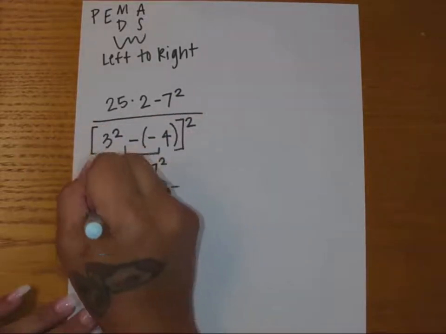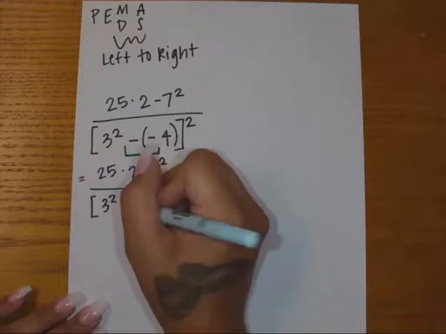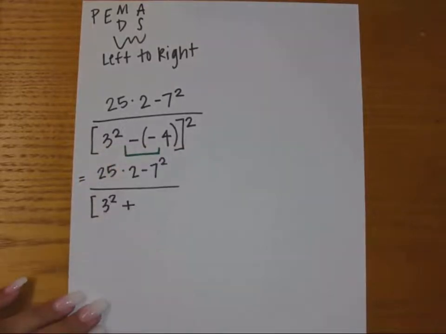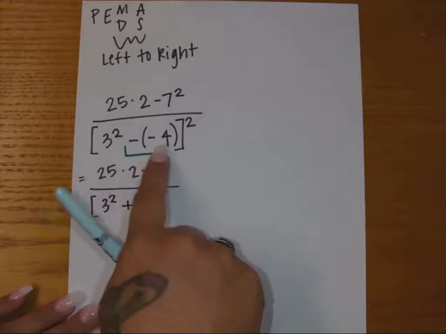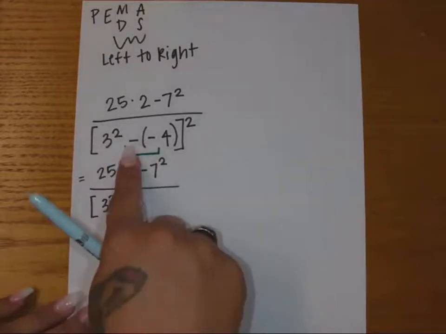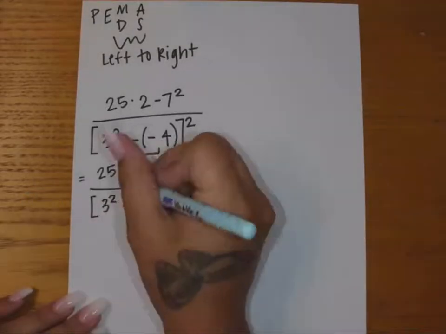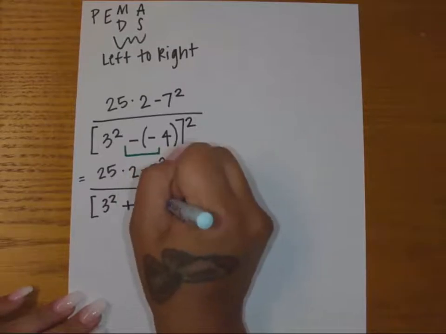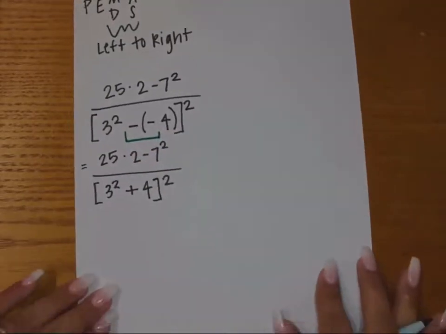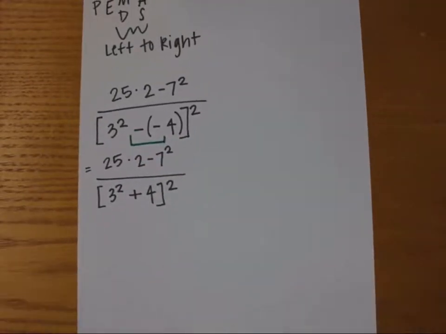In our brackets, we have 3 squared, that would become a plus sign. Signs are the same, so it's positive. A negative times a negative is a positive. We have our 4, close our bracket, and then we're going to square it. It's a lot of rewriting the problem, but if you do it step by step, you can avoid making simple mistakes that you do not mean to make.